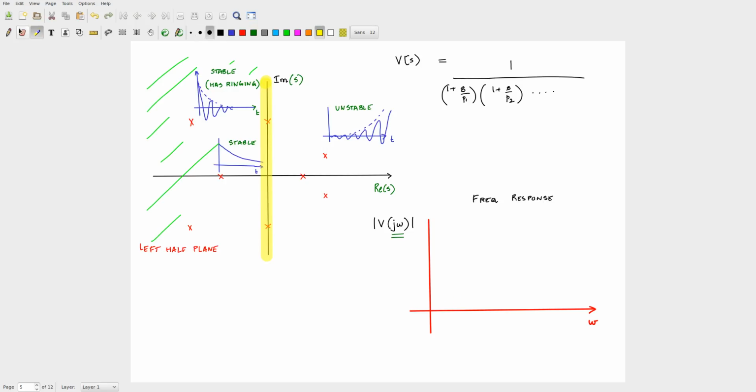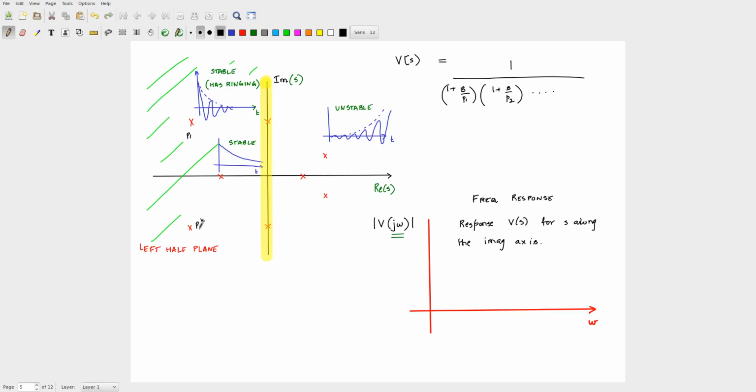So the frequency response is nothing but the response V of S for S along the imaginary axis. That is why these poles, for example, if I call this as P1 and this as P1 star, right?